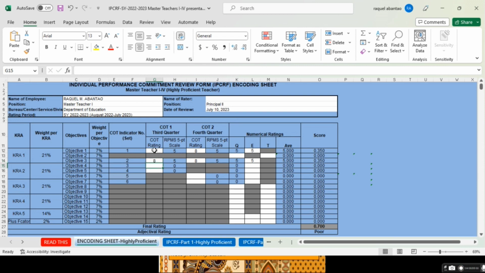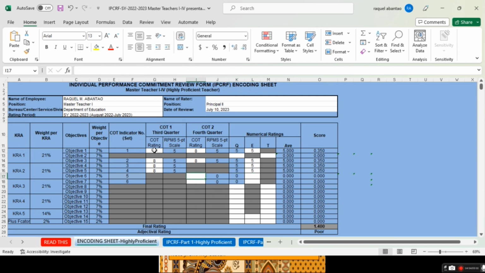Para po sa objective number 4, isa na lang, for the third quarter classroom observation na lang ang ilalagay nating score. That's 8. That gives us 8 for the quality and then 5 points for the efficiency. Ganun din po sa objective number 5. Ayan, automatic, binibigyan na tayo ng score dyan kasi kino-compute na niya.